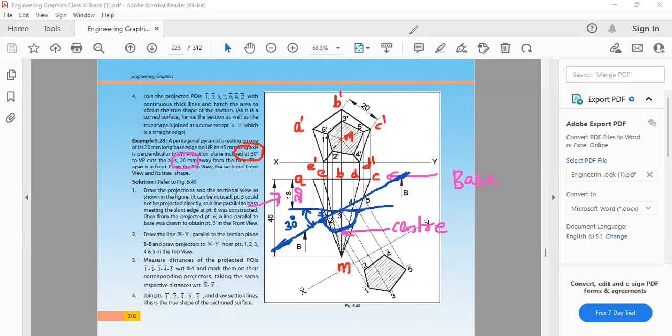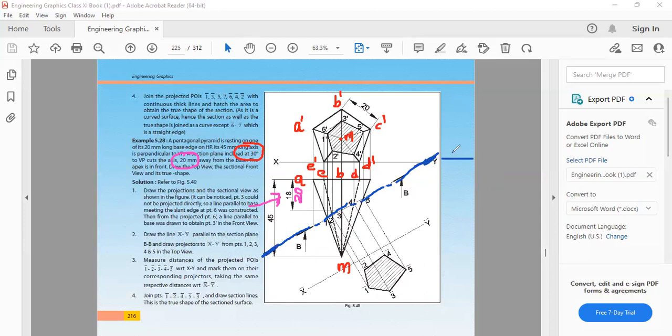So this is my cutting plane. Draw a chain line like this and the ends thick.